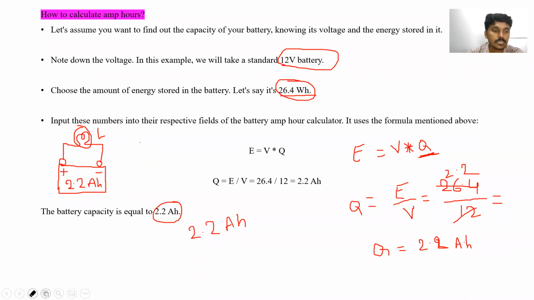In case this load is taking a current of, for example, 4.4 amperes from the battery, for how much time can this battery supply power to this load?